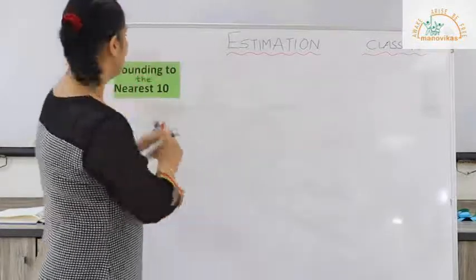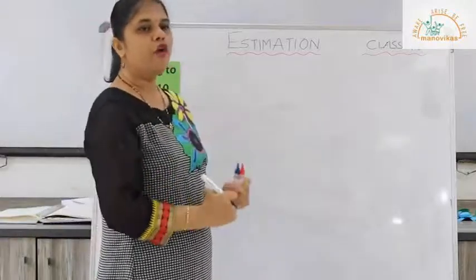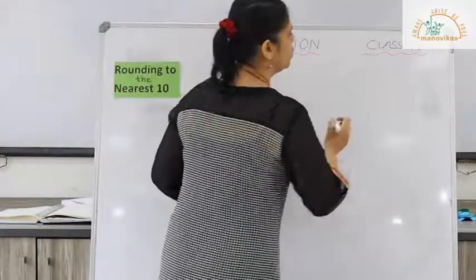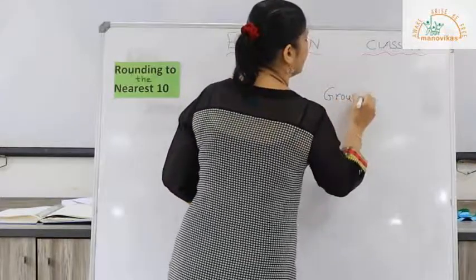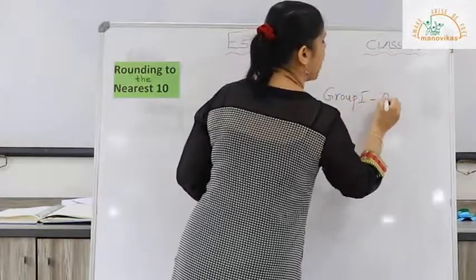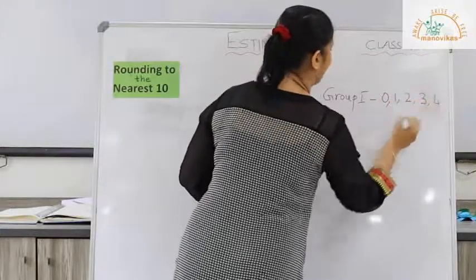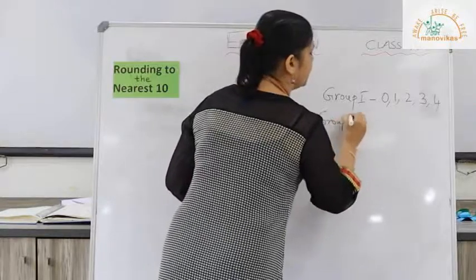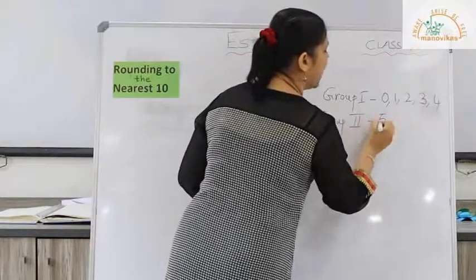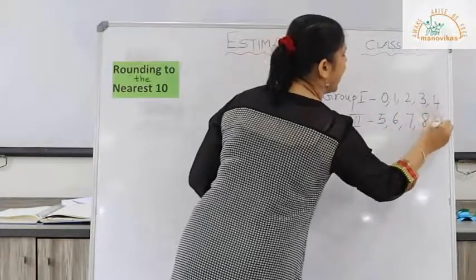First we will take up rounding to the nearest 10. Before we start, I would like to make two groups of digits. Group 1 contains 0, 1, 2, 3 and 4. And group 2 has 5, 6, 7, 8 and 9.